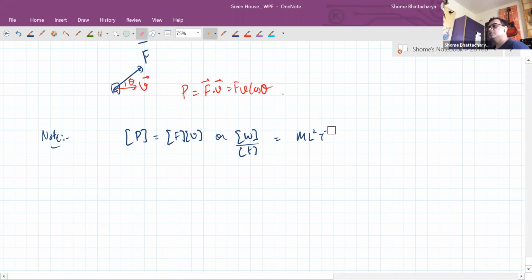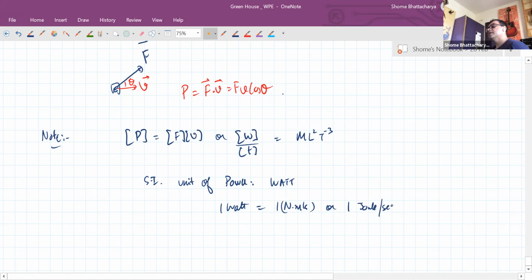So SI unit of power is watt. So 1 watt is equal to 1 Newton meter per second, or it's the same thing as 1 joule per second.